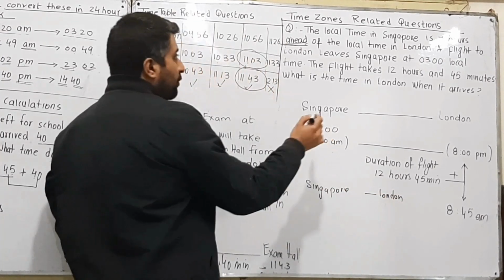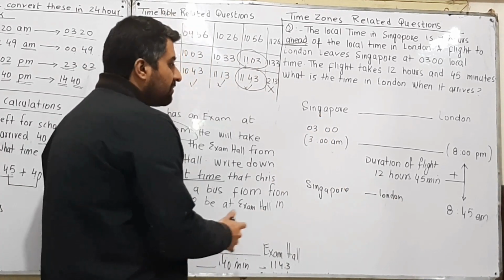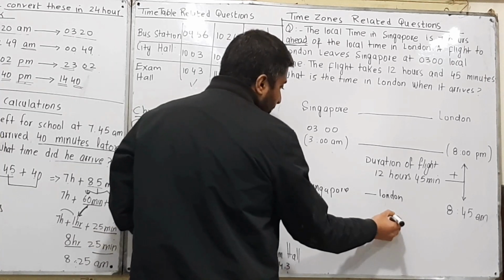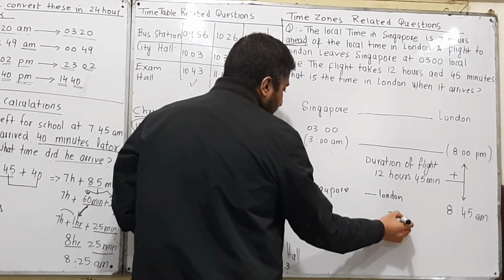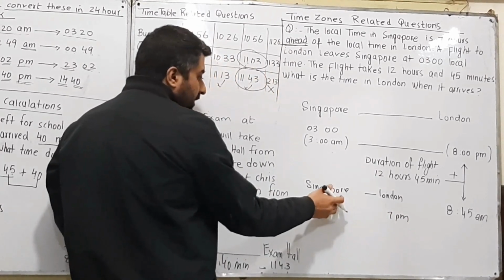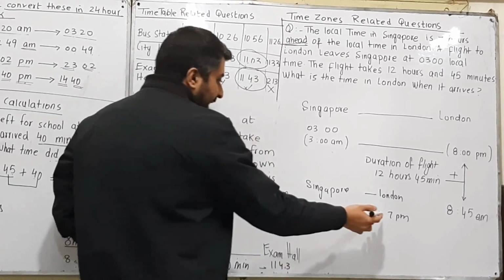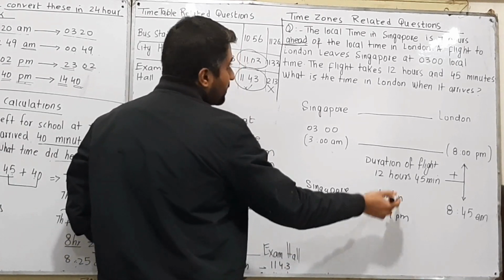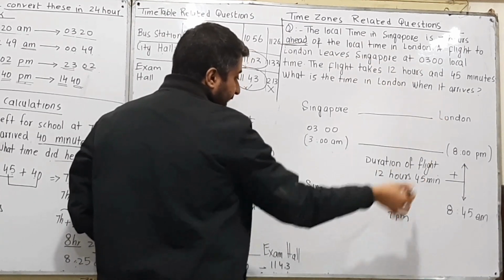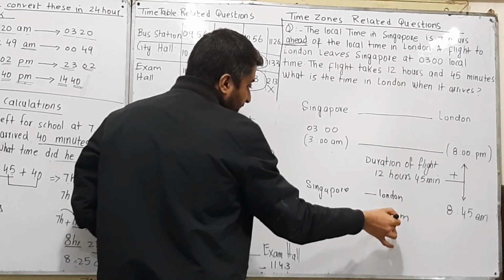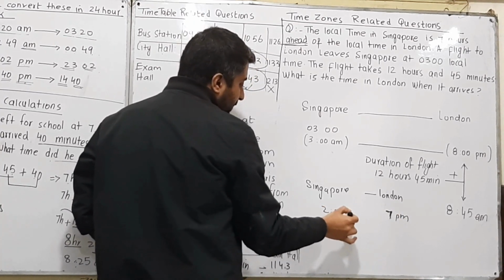Now Singapore is ahead of London, which means if you have, suppose, 7 p.m. in London, then Singapore is ahead 7 hours. 7 hours ahead means add 7 hours to 7 p.m., so you will be at 2 a.m. in Singapore.